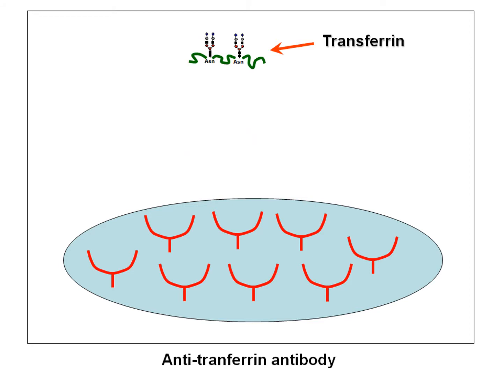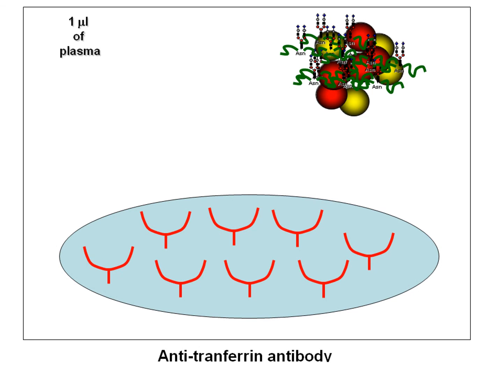Here's the normal transferrin molecule, and there are our asparagines and the sugar trees. These are the high complex sugar trees, so it has gone through the trans-Golgi. You can have a spot on one of these chips that has an anti-transferrin antibody, so we'll pick these up. You take 1 microliter of patient's plasma, and of course there are other proteins, but there's transferrin as well.